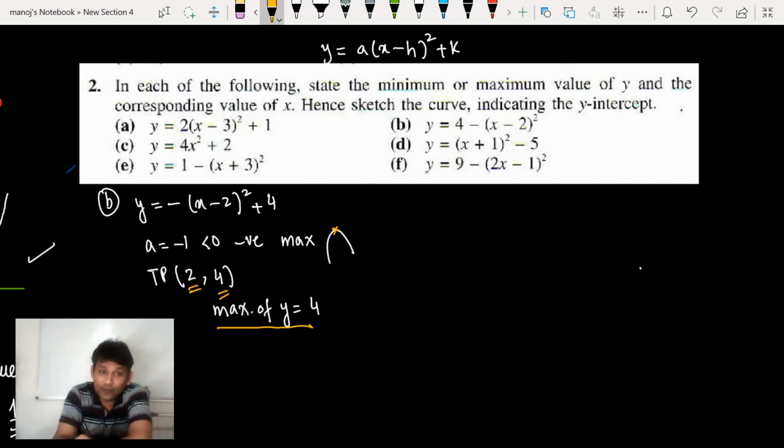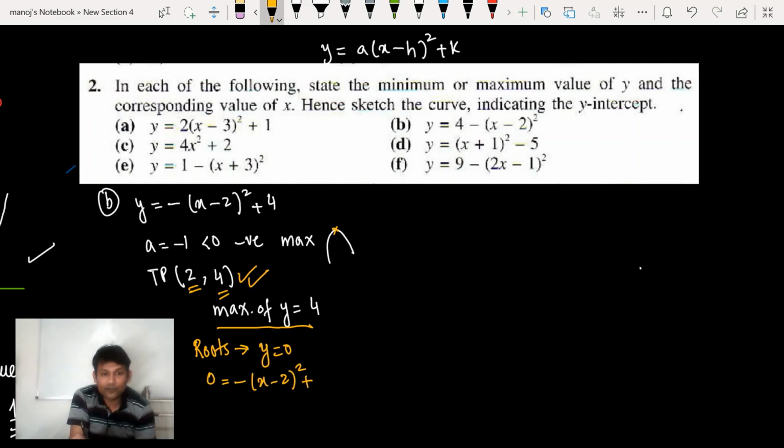What we need: the turning point is there, and we need the roots. Without roots I cannot work on it. Roots mean x-intercepts, where y is equal to 0. So when I substitute y equals 0 here, 0 equals minus (x minus 2) whole squared plus 4. Taking the 4 to the left-hand side, minus 4 equals minus (x minus 2) whole squared. This negative and negative cancel out, which is very important.